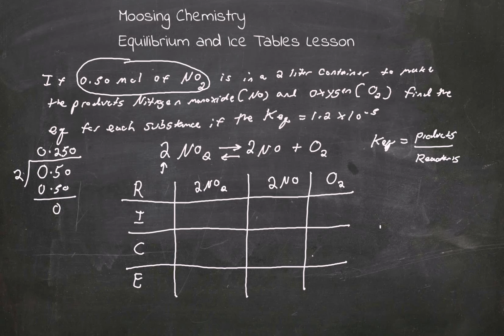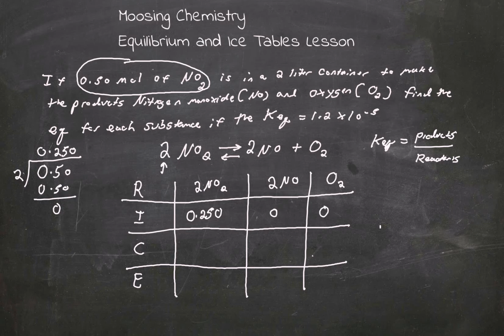So that's going to be our initial concentration per every mole. Each mole is going to be 0.250. Our initial concentration of our products, however, is 0 because they haven't been made yet.